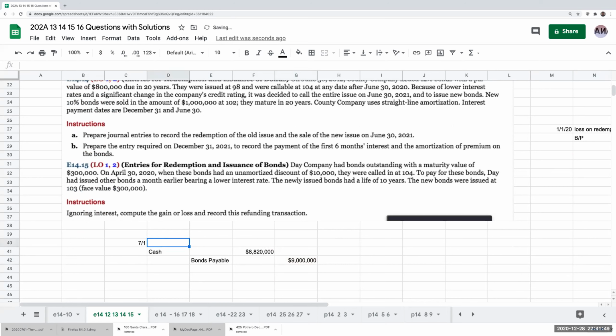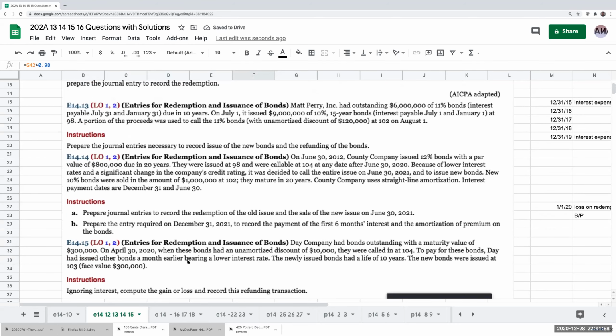That's the cash we received, and then you're going to have a discount on bonds payable for the difference of 180. And so that's how we would record the initial issuance of the bonds.